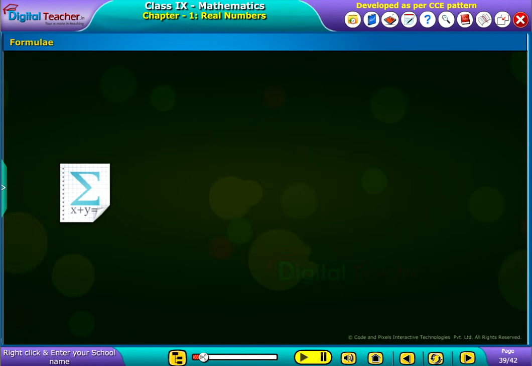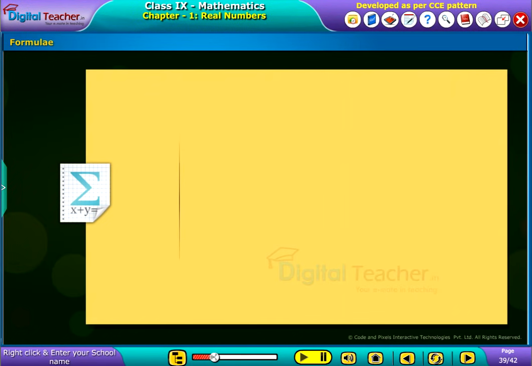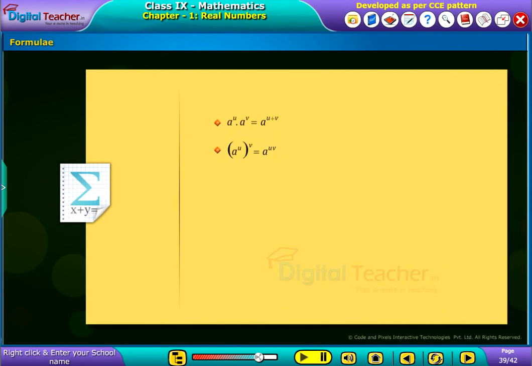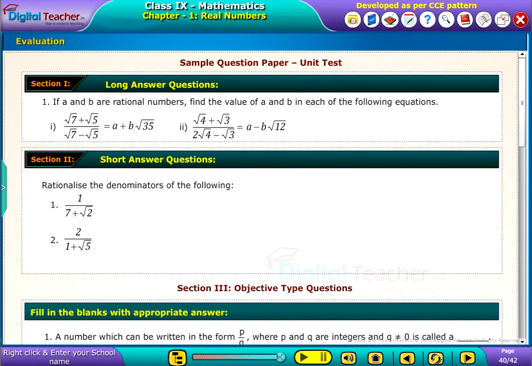Let us list out the properties involved in this chapter. Test your understanding of the chapter by taking the mock unit test.